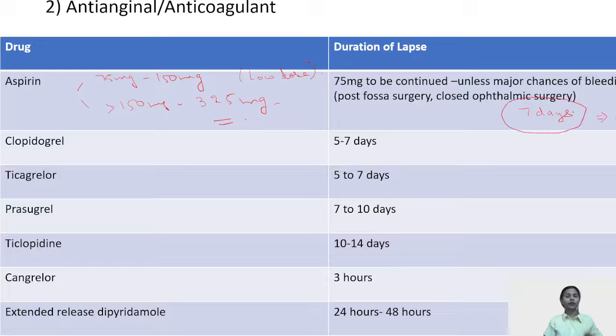Or in cases in which bleeding can be stopped, or they are not very high risk hemorrhagic cases, 75 mg can be continued. But when we are dealing with high dose of aspirin, the high dose of aspirin has to be stopped at least 7 days prior to the surgery.